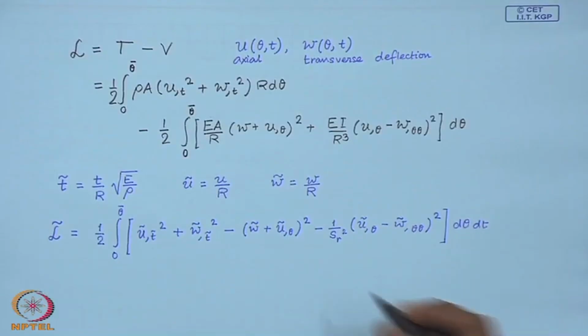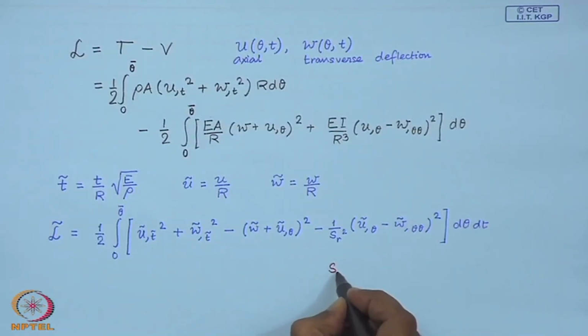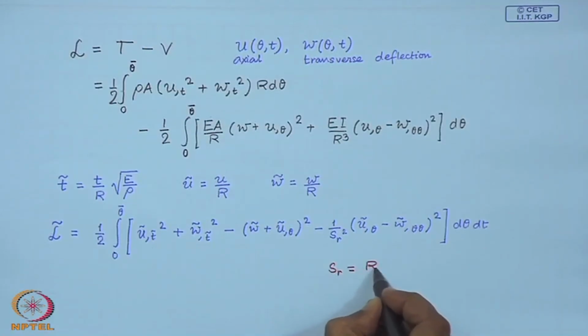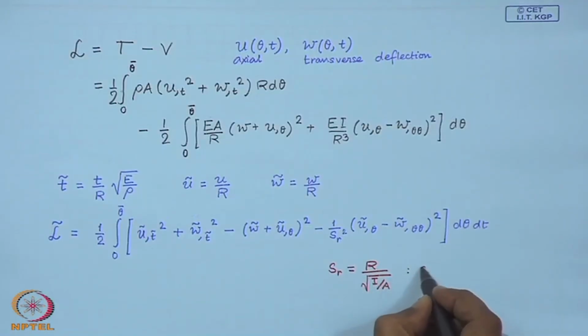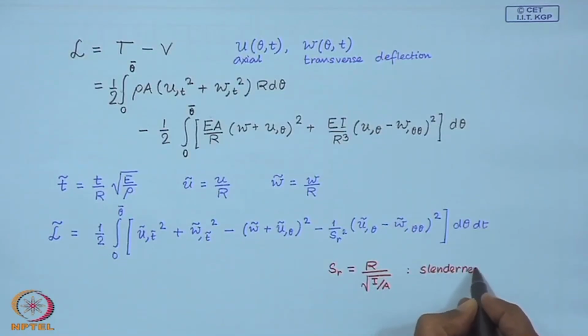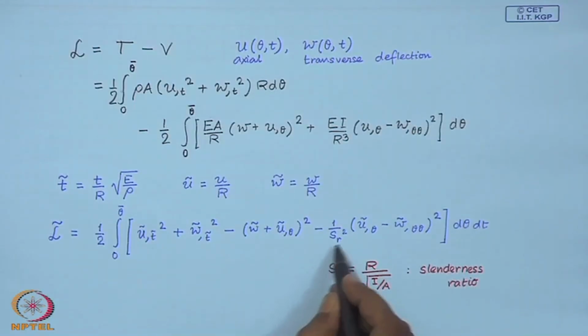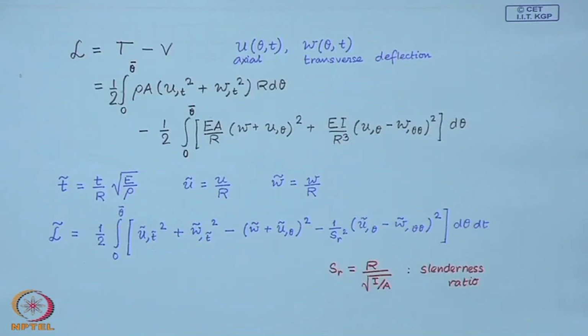Here SR we had defined as the slenderness ratio, which tells us how slender the beam is.